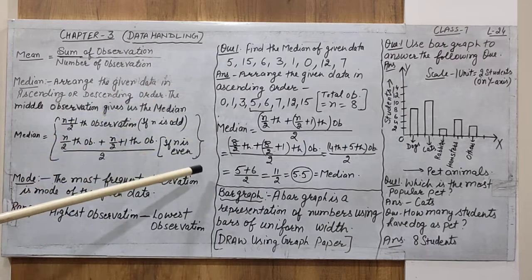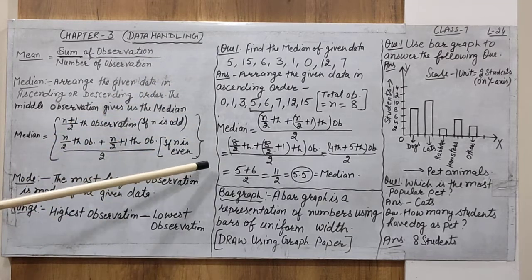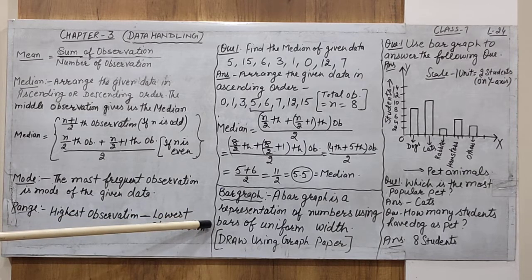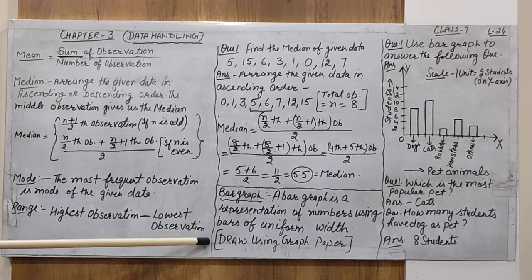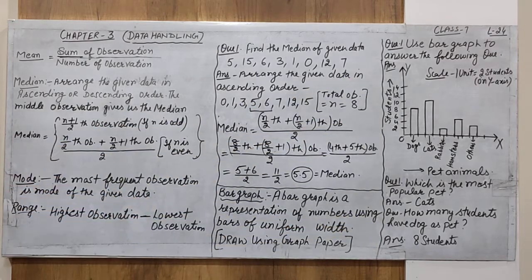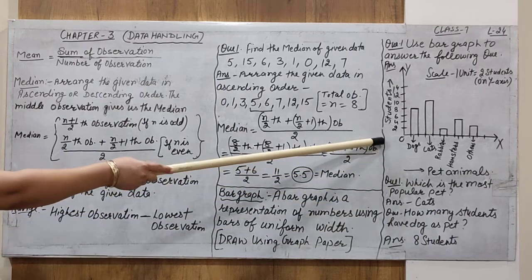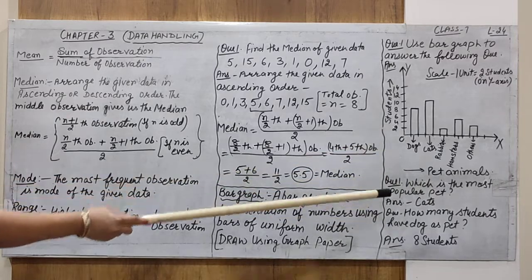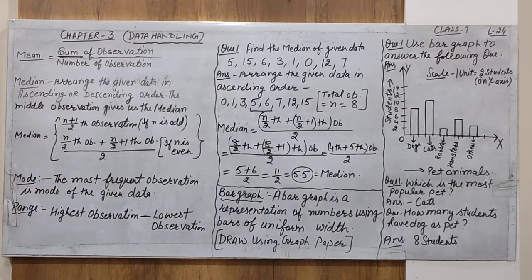This is the question based upon when observations are even. Next is the bar graph, which is represented by bars, and this must be drawn on graph paper. This is the first question selected for you. First question of exercise 3.3, in which the graph is already drawn. You just have to observe the graph and give the answer to the given question.